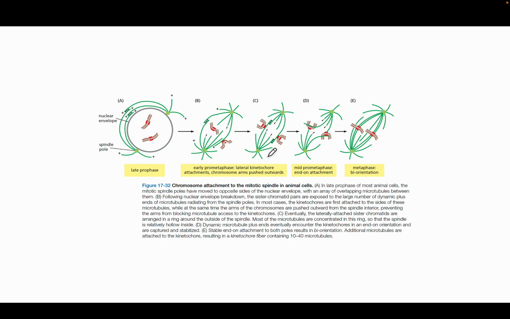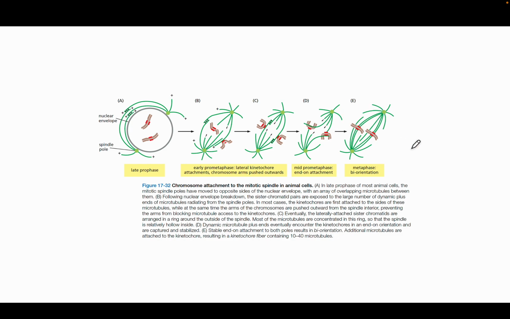Eventually, the laterally attached sister chromatids are arranged in a ring around the outside of the spindle. Most of the microtubules are concentrated in this ring so that the spindle is relatively hollow inside. Dynamic microtubule plus ends eventually encounter the kinetochores in an end-on orientation and are captured and stabilized. Stable end-on attachment to both poles results in biorientation.